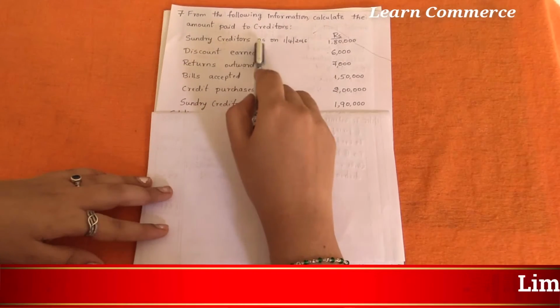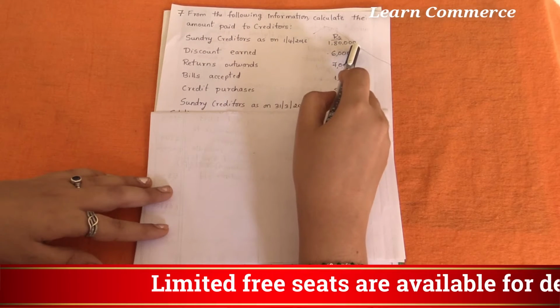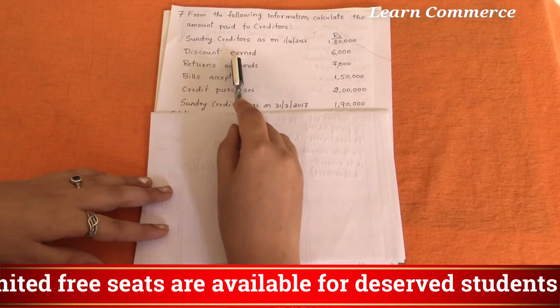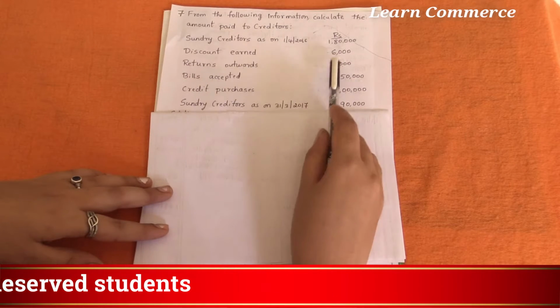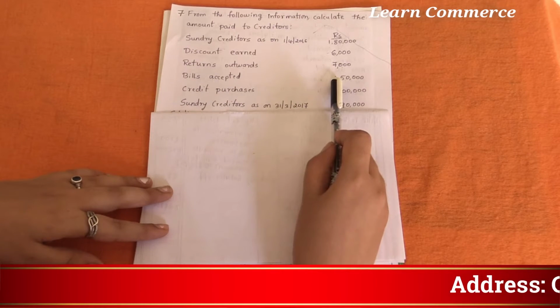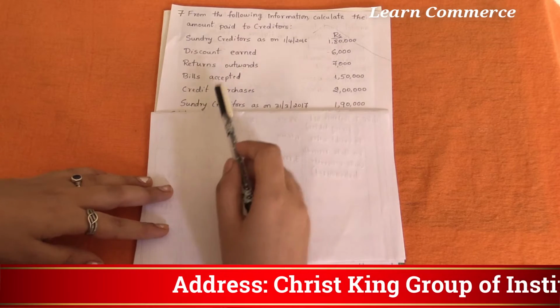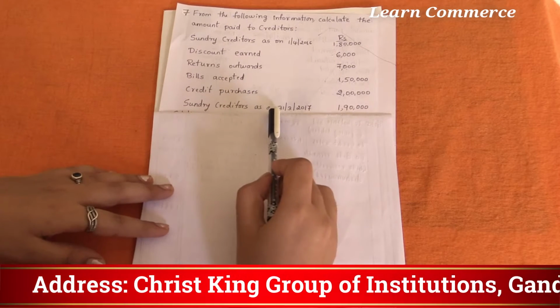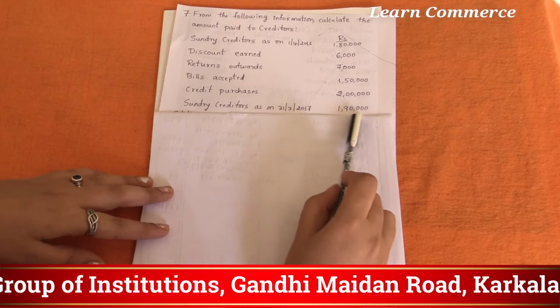Sundry creditors as on 1st April 2016, that is 1,80,000. Discount earned 6,000. Returns outwards 7,000. Bills accepted 1,50,000. Credit purchases 2 lakh. Sundry creditors as on 31st March 2017, that is 1,90,000.